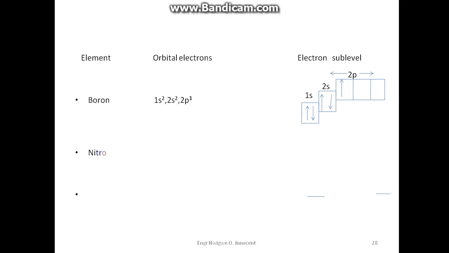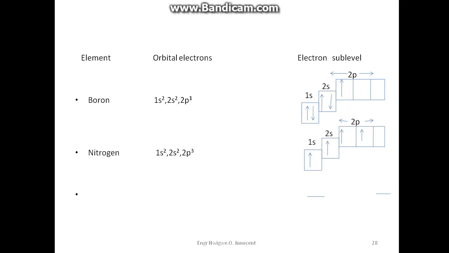For nitrogen, orbital electrons 1s2, 2s2, 2p3. In the electronic sublevel, the 1s, 2s, and 2p are first filled with arrows pointing upwards.